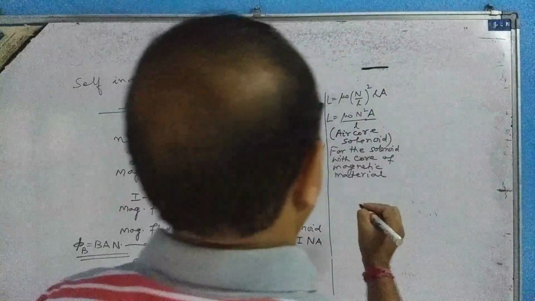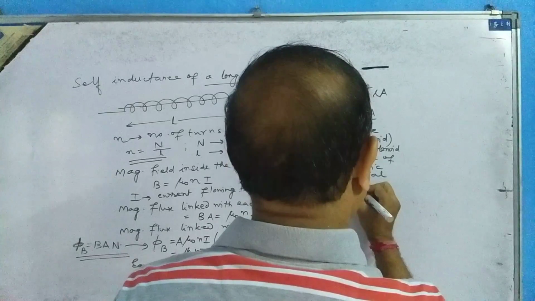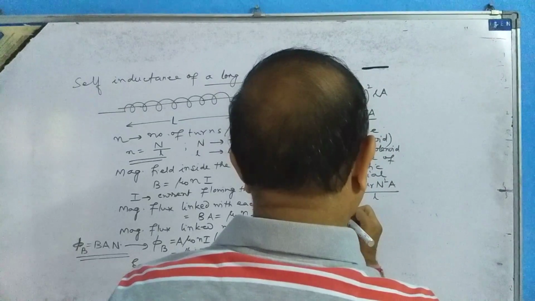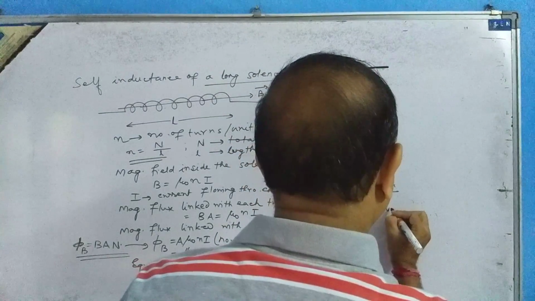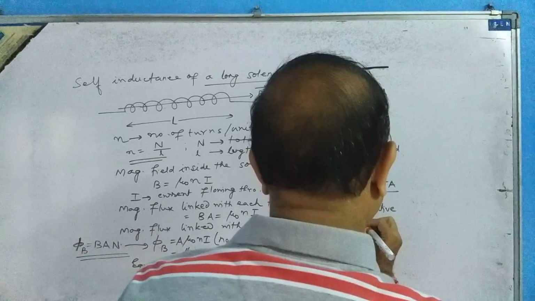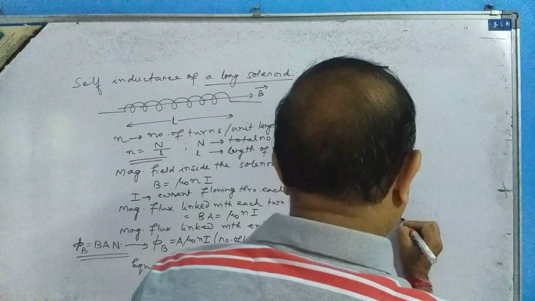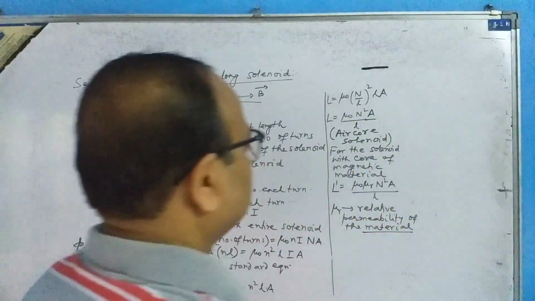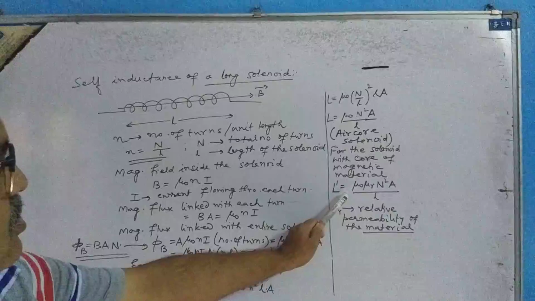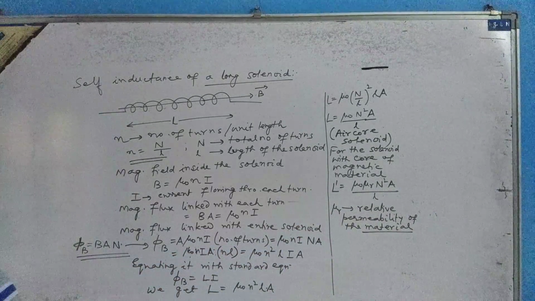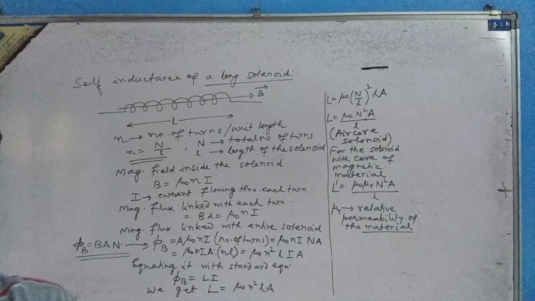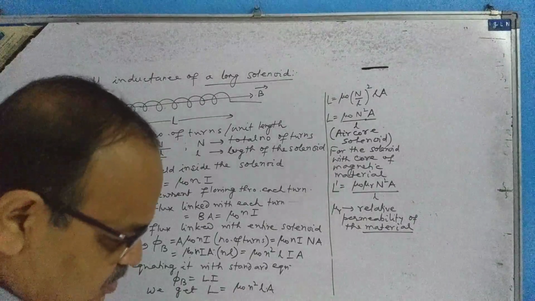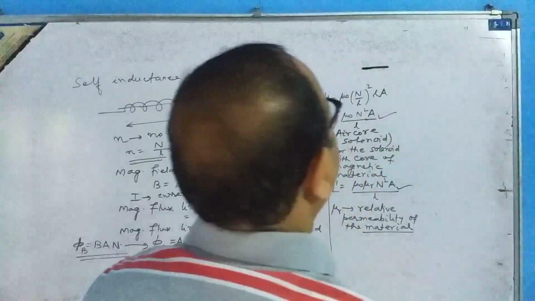If there is a magnetic material, then what will happen? In that case, L dash should be mu naught into mu r into N square into A by L, where mu r is the relative permeability of the material. Look, this will be for the air core solenoid, and this will be when we insert some magnetic material inside it. Normally an iron core is inserted, in that situation this value will come. This means we got two expressions: one is the air core solenoid and the other is the material core solenoid.